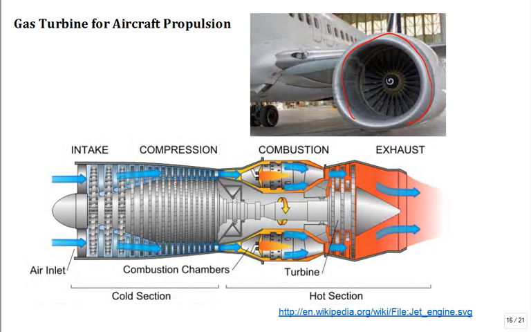It intakes some air, puts it through many stages of compressor stages. And you can see that the cross-sectional area is going smaller and smaller because you are compressing it. The density of the air is going higher and higher, and it doesn't need that much area. Then there's some complicated flow.